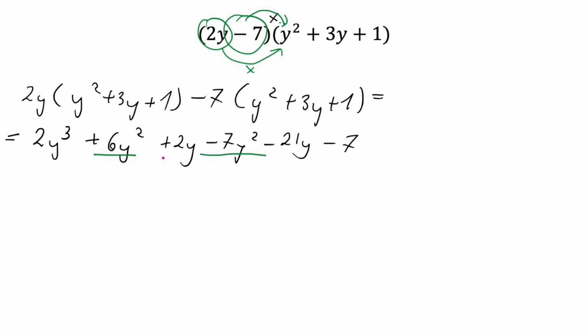And in power of 1 we have plus 2y and minus 21y, so that's another set of similar terms. And finally we have minus 7 on its own. So if we tidy it up, we're going to end up with the following resulting expression: 2y cubed plus 6y squared minus 7y squared is minus y squared, plus 2y minus 21y is equal to minus 19y, and minus 7. That's how you would do an example like this.